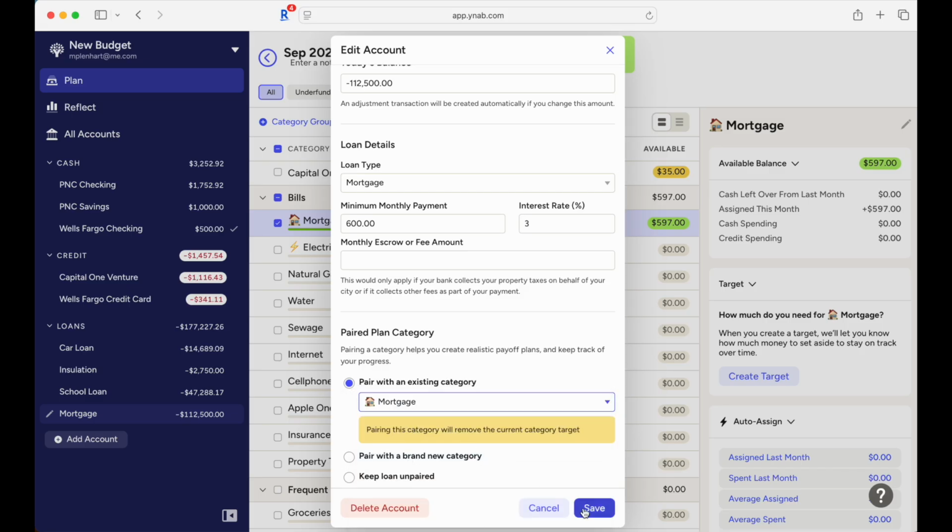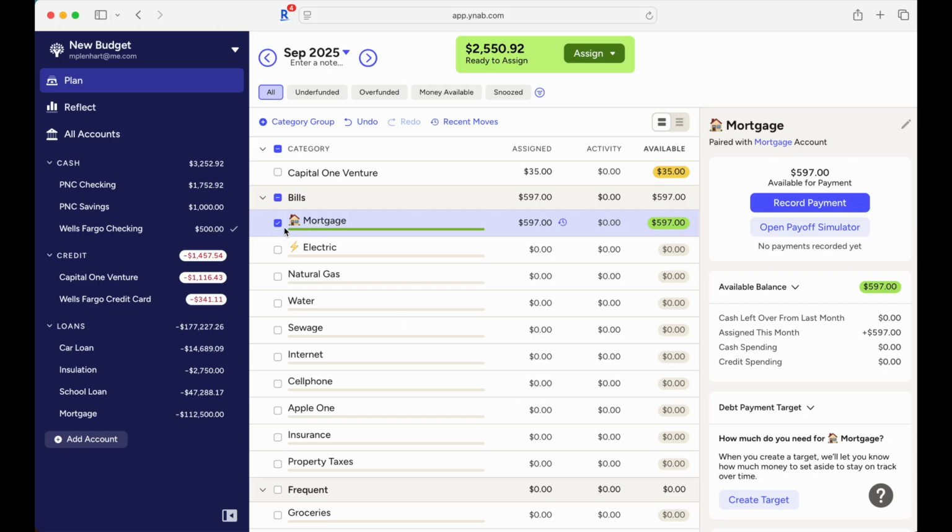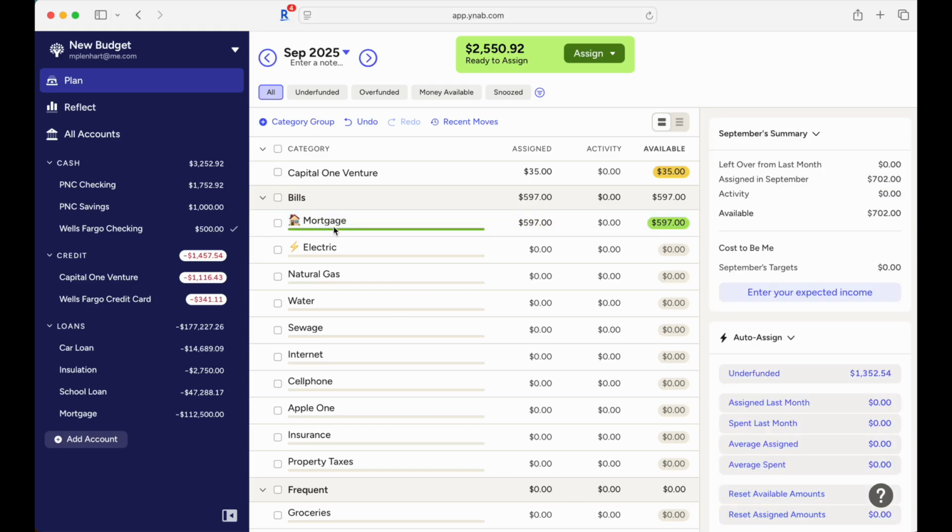Basically what that means is when I add a transaction and categorize it as mortgage, it will automatically pay toward this account and reduce the balance that I owe. And it will actually calculate the interest if I know the interest rate, and it will take that into account as well. We're not really getting into that right now, but I just wanted to point out how these things interact with each other if you're using YNAB.